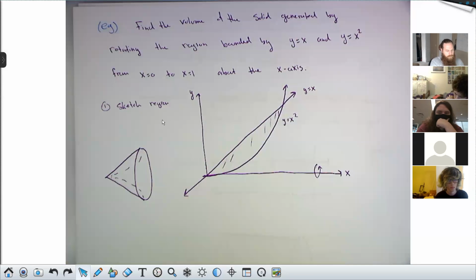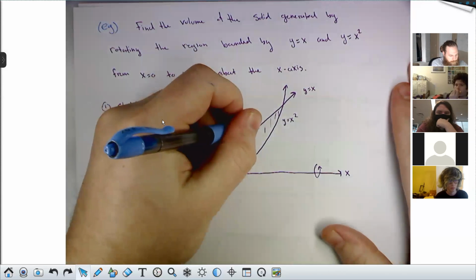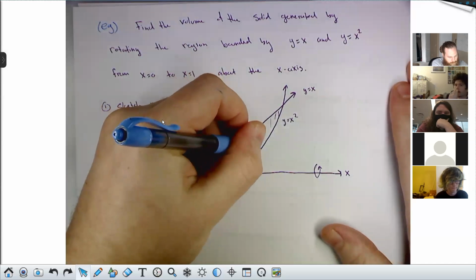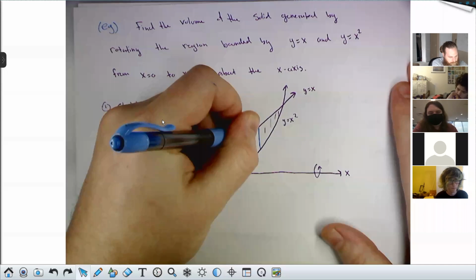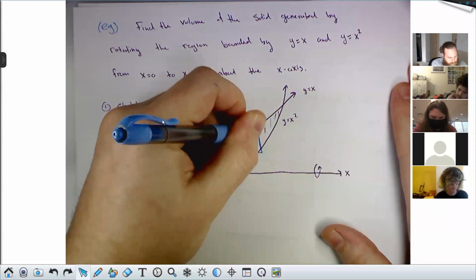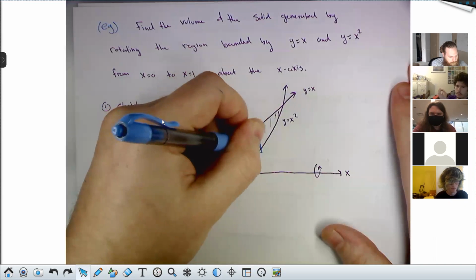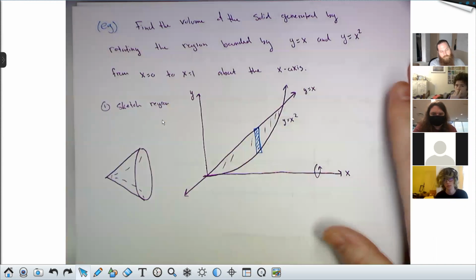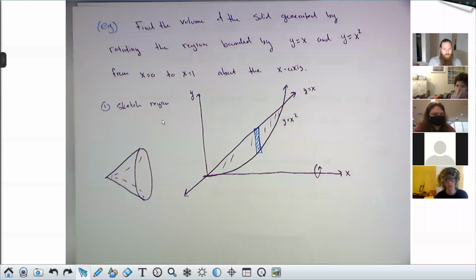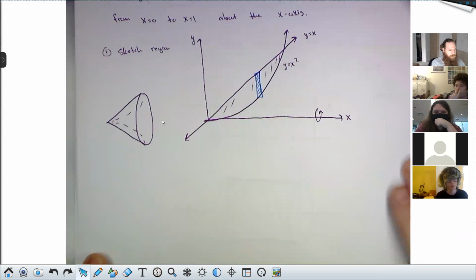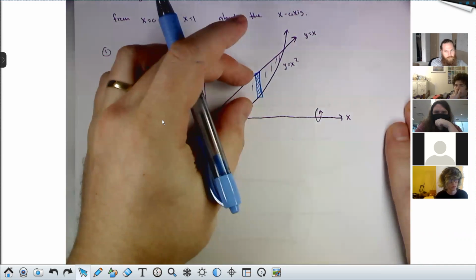And if we attack this the same way we attacked the last problem, we come in here and in our region, we draw a little strip of differential thickness. We call it a dx thickness strip. And then I imagine rotating just that strip. Something interesting happens when I rotate just this strip.